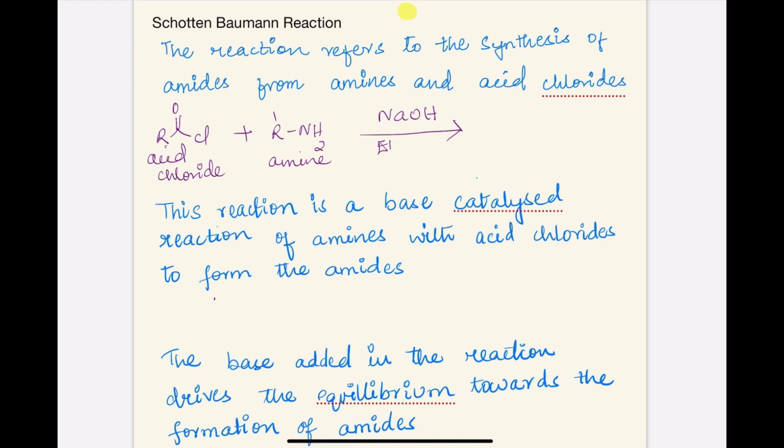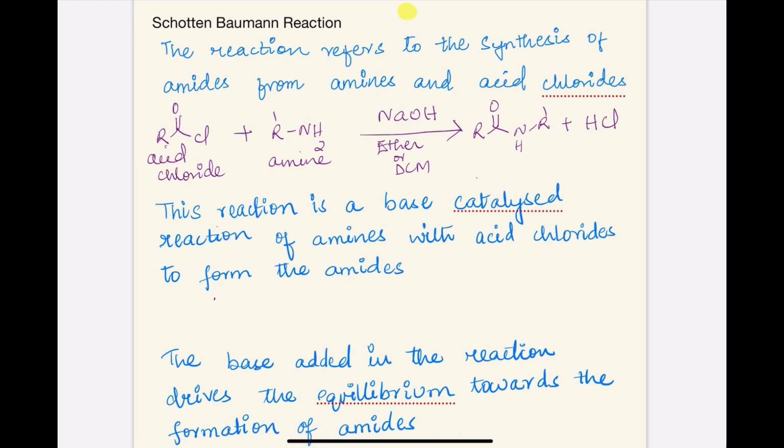The solvents generally used are ether, or dichloromethane can also be used. The product in the reaction is an amide, and HCl is the byproduct. So chlorine from the acid chloride and this hydrogen will be removed as the hydrochloride.